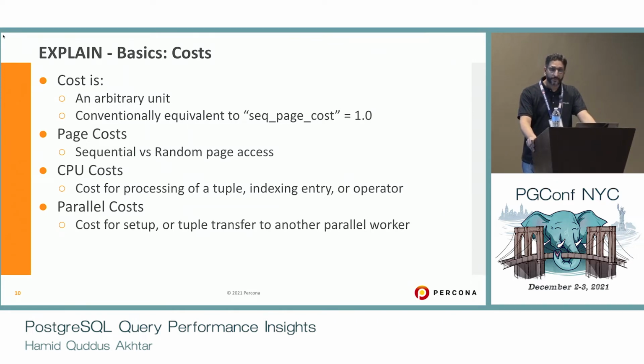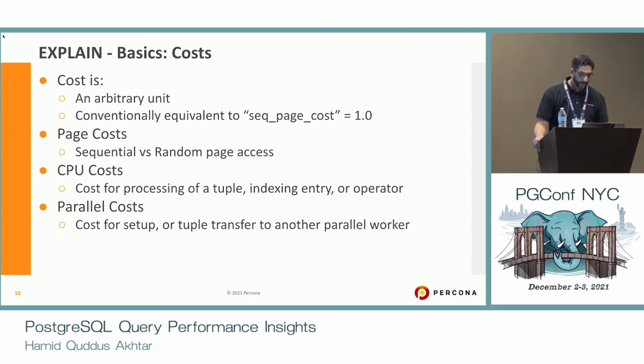Finally, there are parallel costs with parallel workers. If you want a job that utilizes more than one worker thread, then there are setup costs for parallel workers because there will be an overhead for setting them up. And then there is a cost when you have to share a tuple across parallel processes.